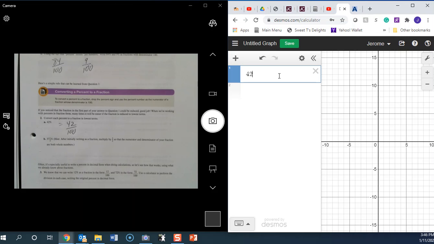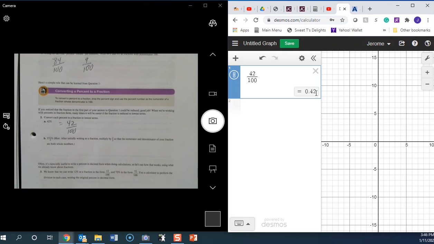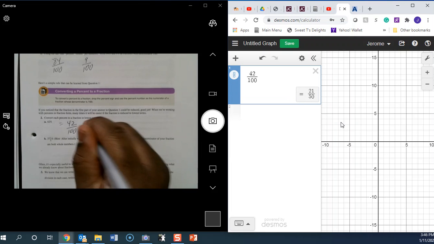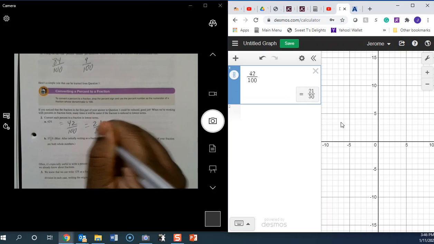So we could type in 42 divided by 100. Now they gave us the decimal, but they want this as a fraction in lowest terms. So what you would do on Desmos, you see this fraction here, you would click this here, and it would give you the simplified fraction. So this will be 21 over 50.